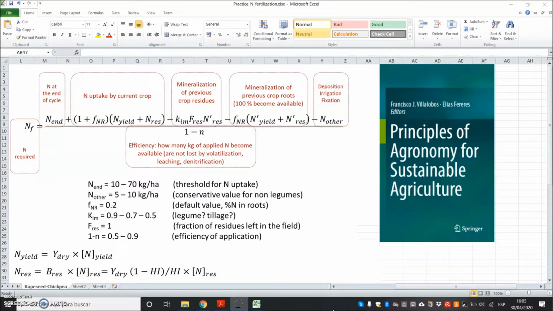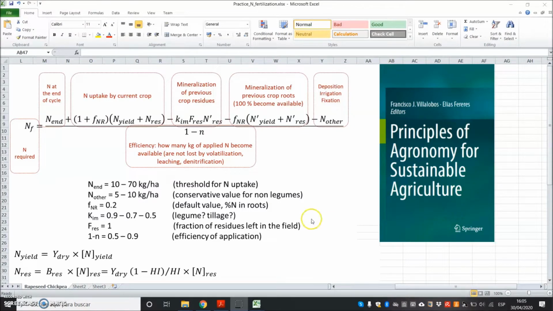In this tutorial, we will see how to calculate the nitrogen requirements of crop rotations using the theory contained in chapters 24 and 25 of the book Principles of Agronomy for Sustainable Agriculture.